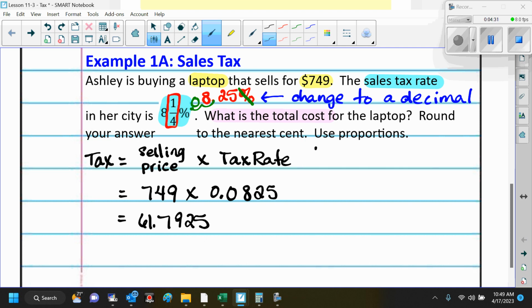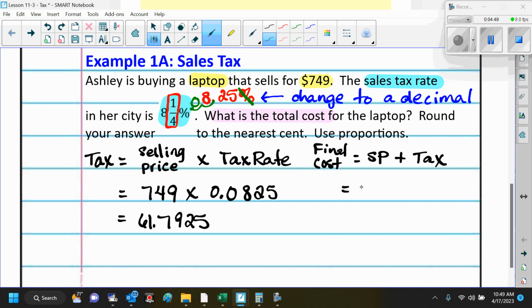So the final cost is the selling price. I'm going to put SP for selling price plus the tax. You guys writing down your formulas?